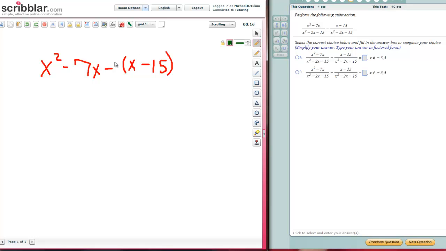So we're going to distribute the minus sign in. That's got to go to both, so it's going to go to the x and the negative 15. And so we have x squared minus 7x, that's going to be minus x, and then the negative will make that positive 15.